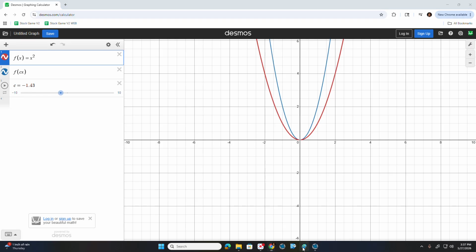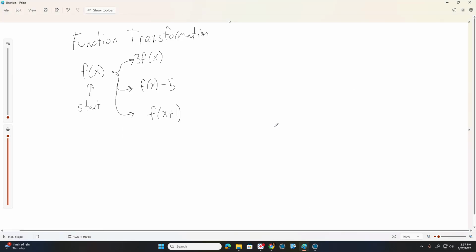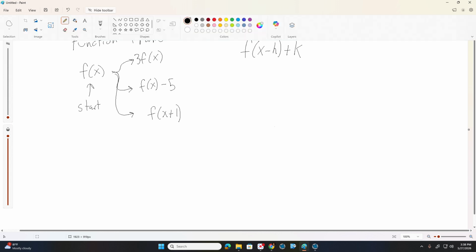Okay, let's go back and let's sum some of our functional translations up. Now, it's somewhat standard to write something like this: f of x minus h plus k.